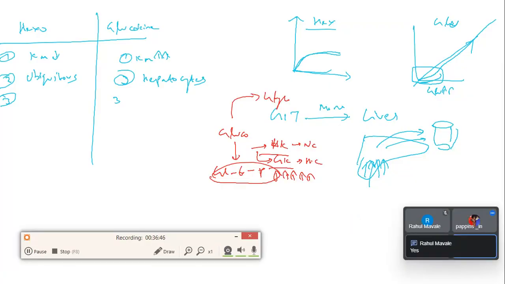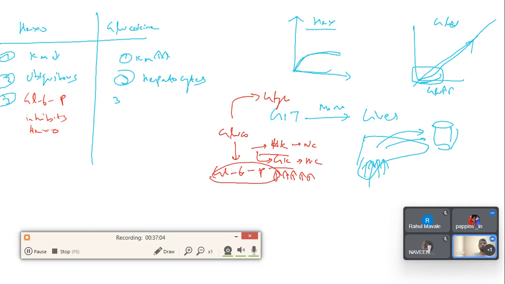So this product inhibition is only for hexokinase. Glucose 6 phosphate inhibits hexokinase. So what about glucokinase?